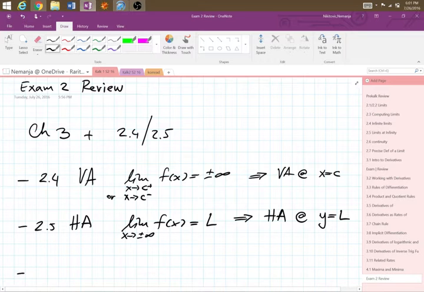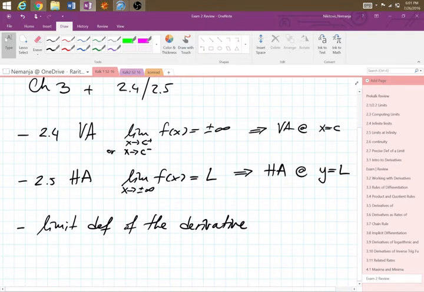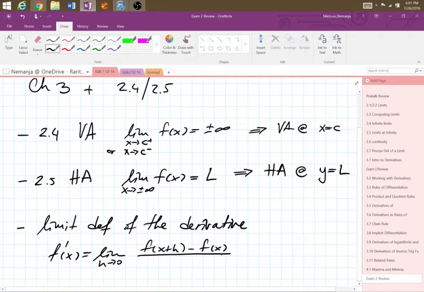We have the limit definition, one question of the derivative, which means you will be computing f prime of x equals the limit as h goes to 0 of f of x plus h minus f of x, divided by h.